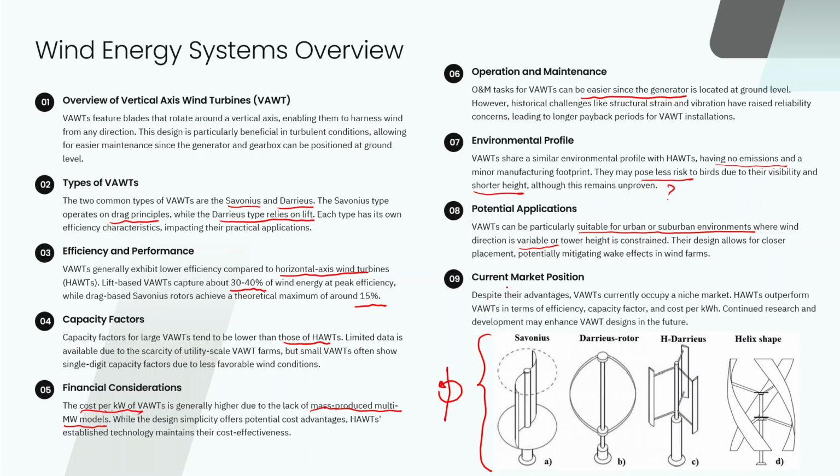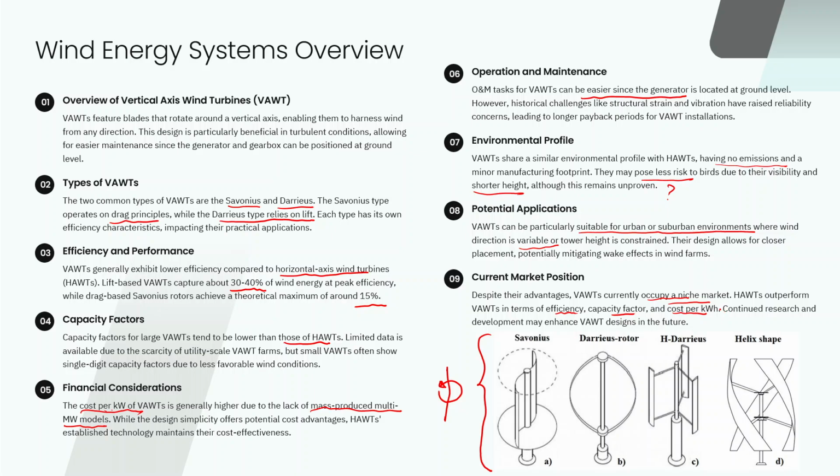And so if you look at the current market position, the vertical axis wind turbine currently occupies a very small market compared to the horizontal axis wind turbines, because they outperform the vertical axis wind turbines in terms of efficiency, capacity factor, and cost per kilowatt hour.